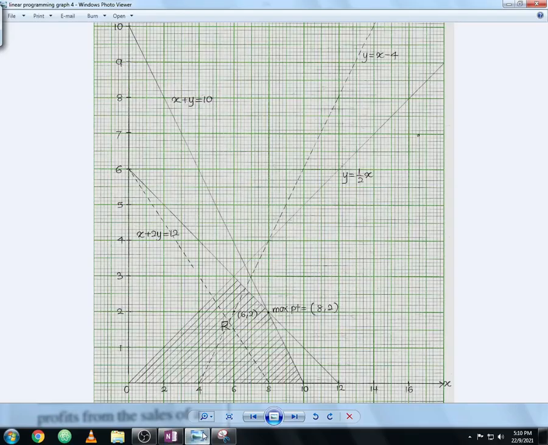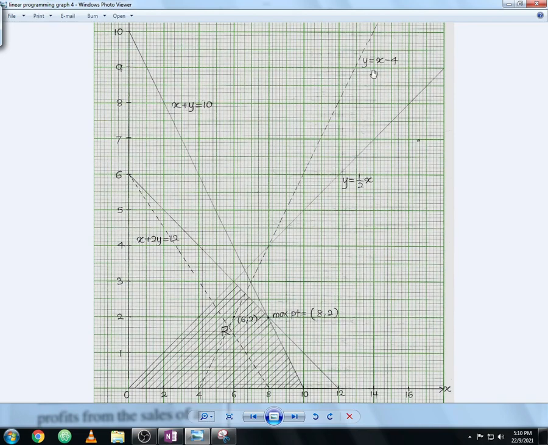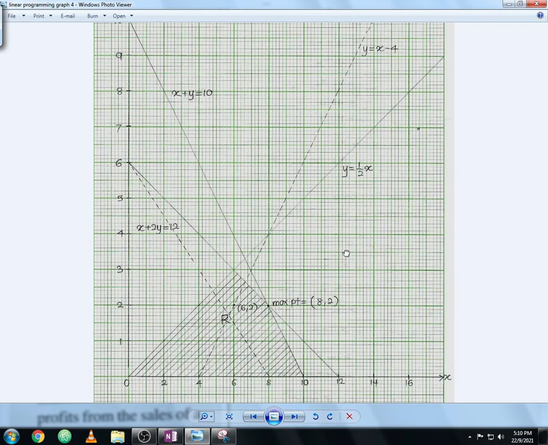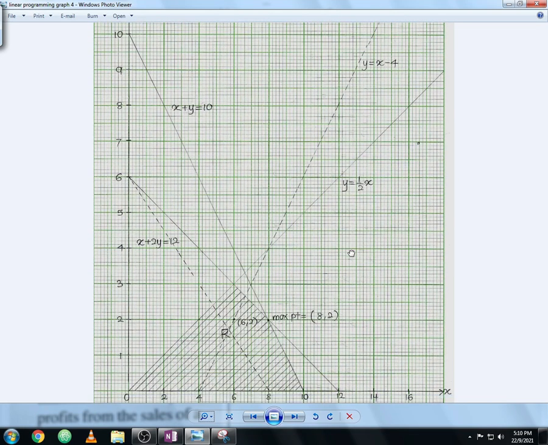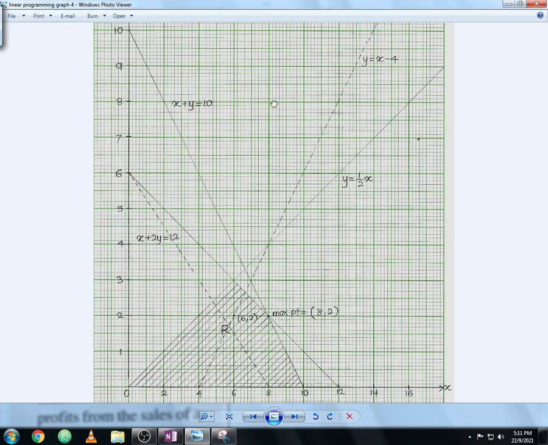As you can see here, this long dotted line is the equation y equals x minus 4. You choose any 2 points. The first point I choose is 4, 0, and the second point is 8, 4. Then you form the straight dotted line for the equation y equals x minus 4. Up until now, I hope you guys are clear about this.